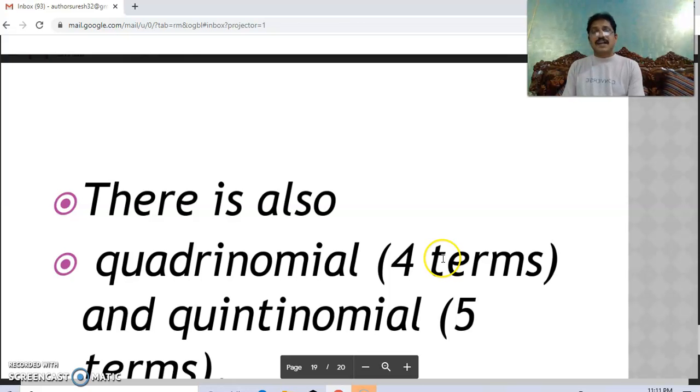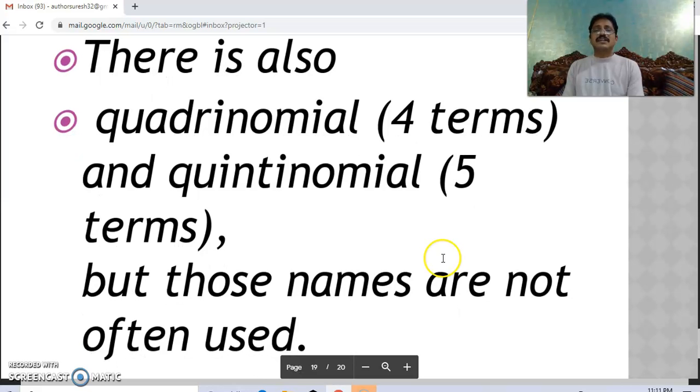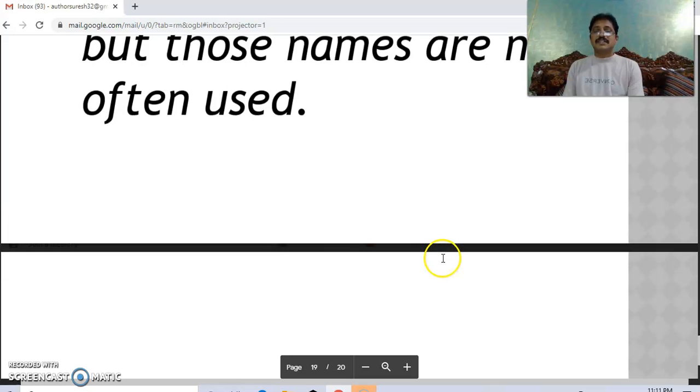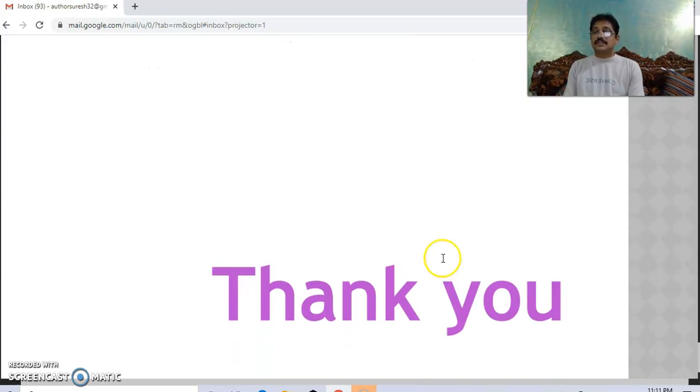There are also polynomials with 4 terms, called quadrinomial or biquadratic polynomial, but usually we call it quadrinomial. And if it contains 5 terms, quintinomial. These terms are not often used. Is it clear, children? This is very, very important. So we will come to the ending.